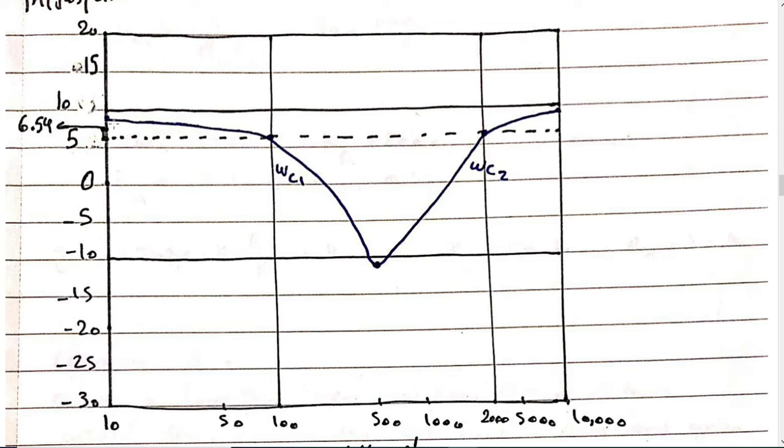So we know that this is 3 dB below the maximum value, or the gain. So 6.54 plus 3 will be 9.54. So 9.54 is the value for the maximum in dBs. You convert 9.54 dB to a number, and you will get 3. So 3 is the gain. In dBs it is 9.54, but in number it is 3 because you convert.